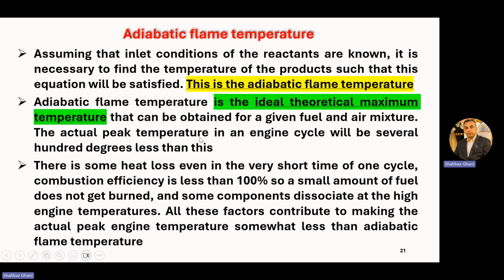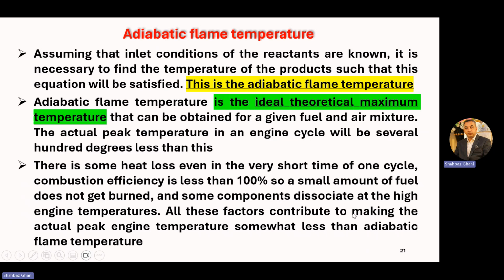The actual peak temperature in an engine cycle will be several hundred degrees less than this. Why? The answer is that there are some heat losses even in the very short time of one cycle. Combustion efficiency is less than 100%, so a small amount of fuel does not get burned, and some components dissociate at high engine temperature.